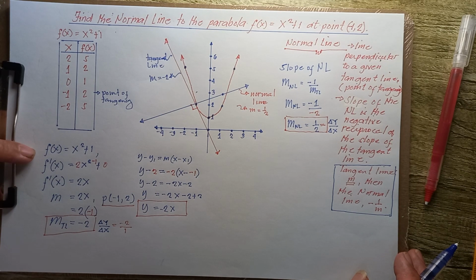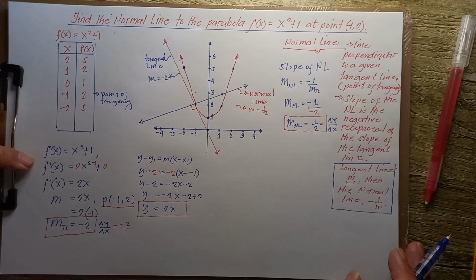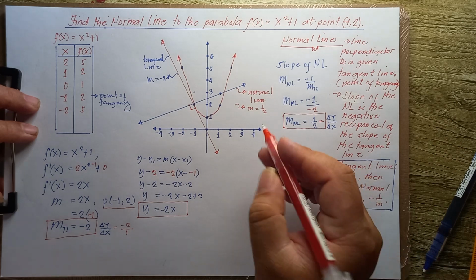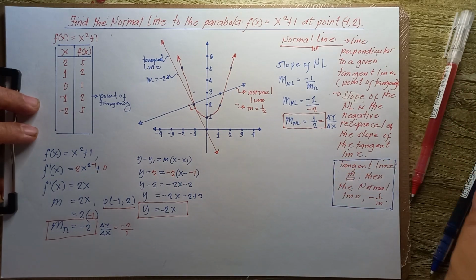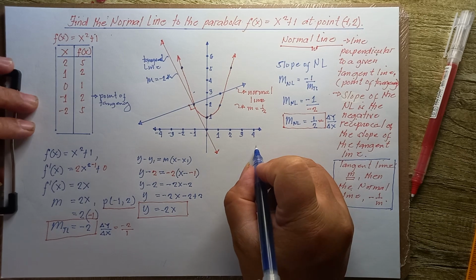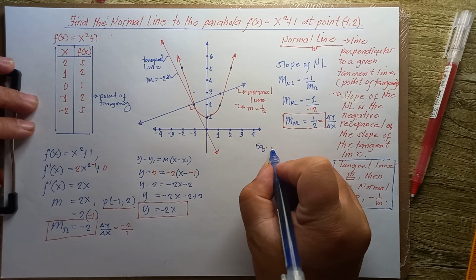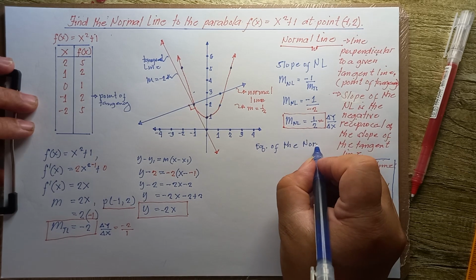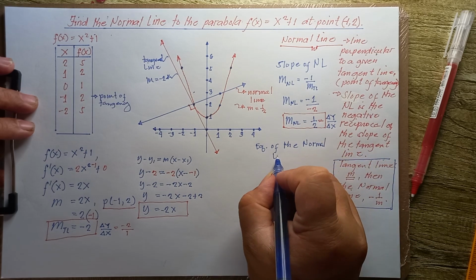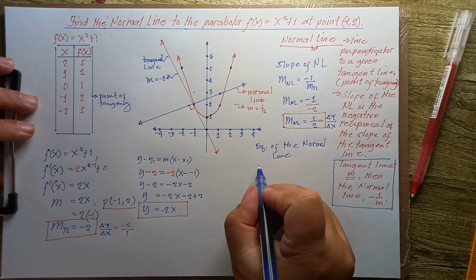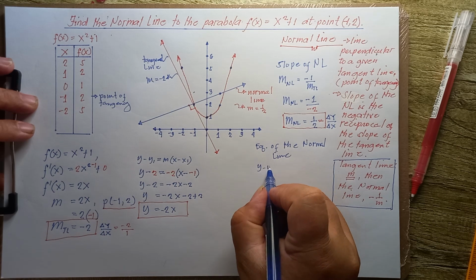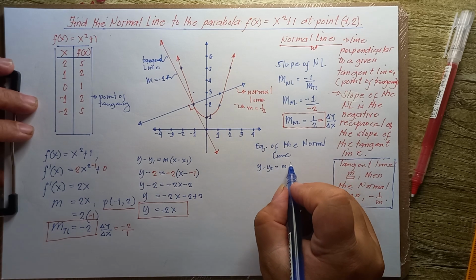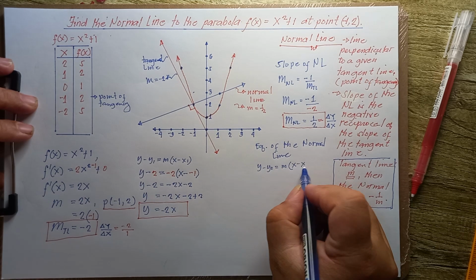Now you might be thinking of the equation of the normal line. We use the same form, that is y minus y sub 1 is equal to m multiplied by x minus x sub 1.